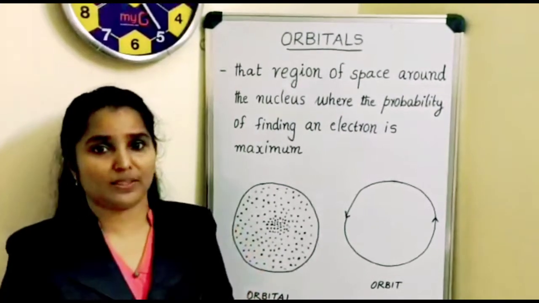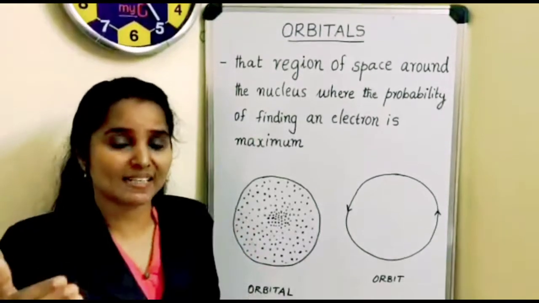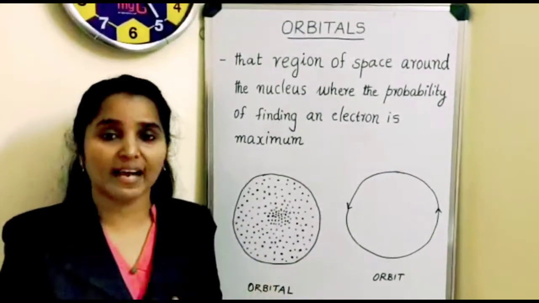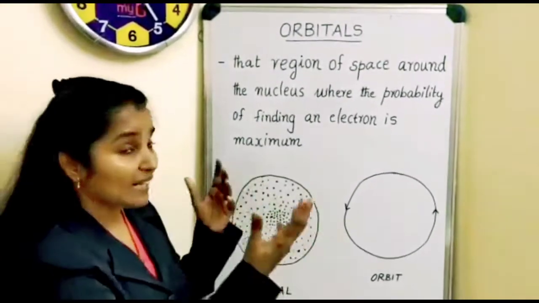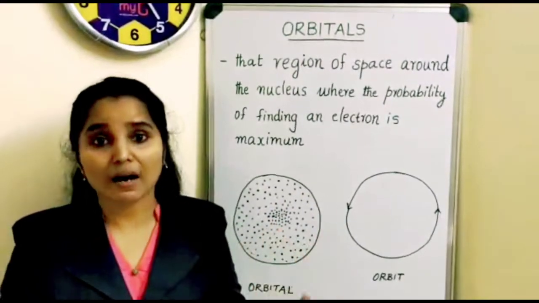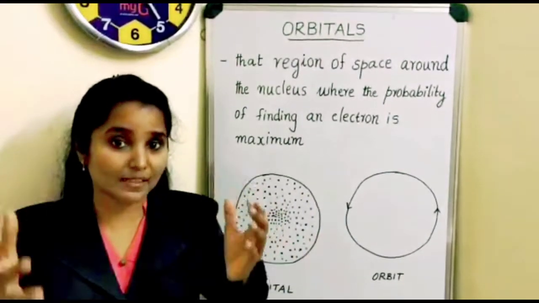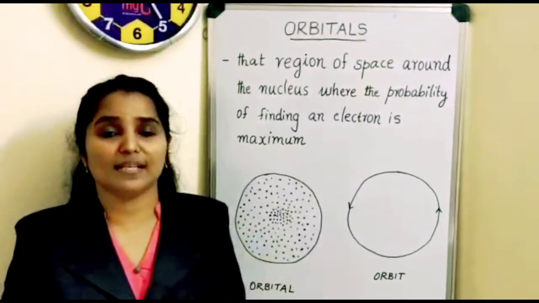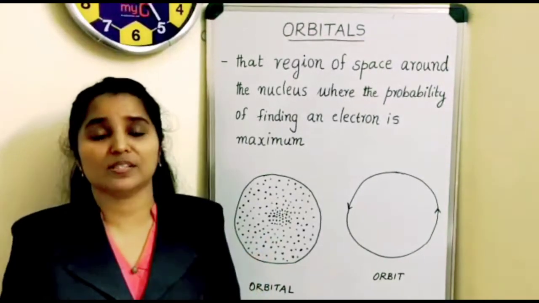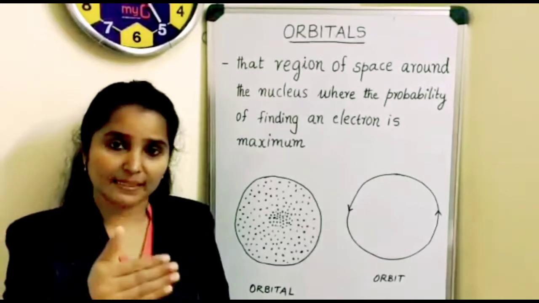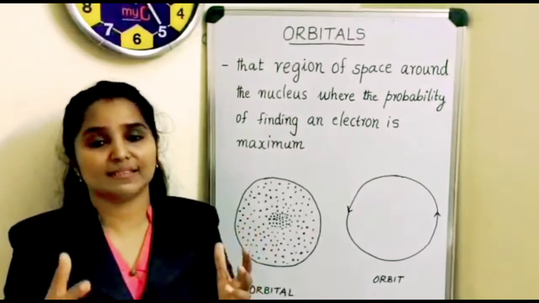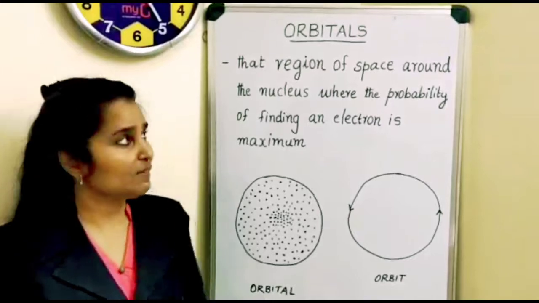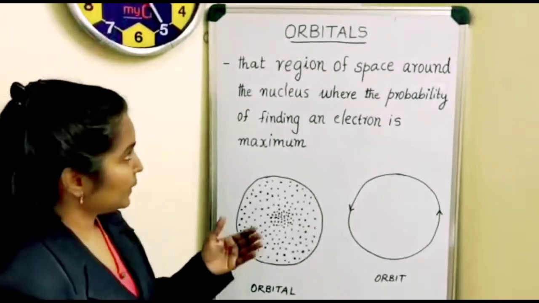We are having a better understanding of whatever they have stated by using another concept, which is known as orbitals. This orbital concept could satisfy the dual nature of electrons as well as Heisenberg's uncertainty principle. Okay, so we will see what an orbital is.